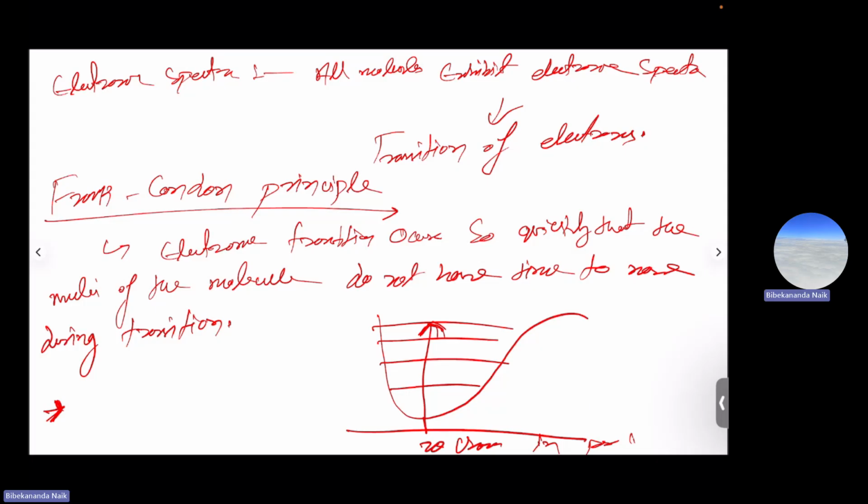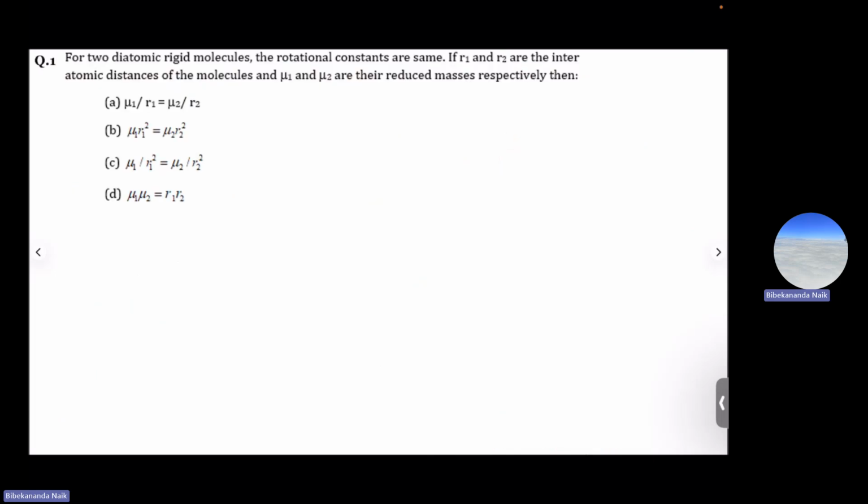Now let's start solving a few sample problems based on the concepts we discussed. This is question number one. It says, for two diatomic rigid molecules, the rotational constants are the same if R1 and R2 are the interatomic distances of the molecules and mu1 and mu2 are the reduced masses respectively.